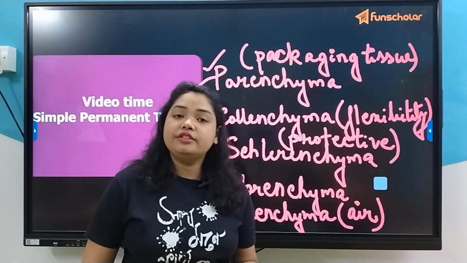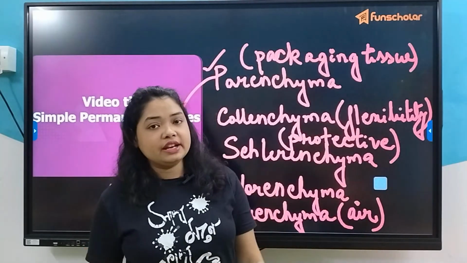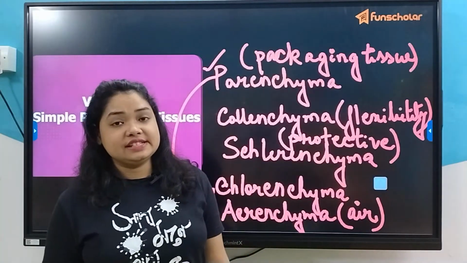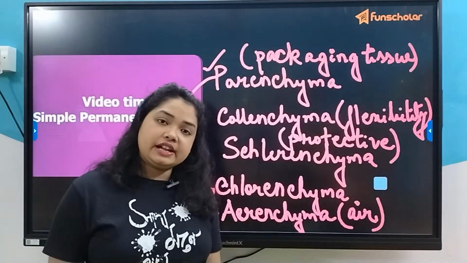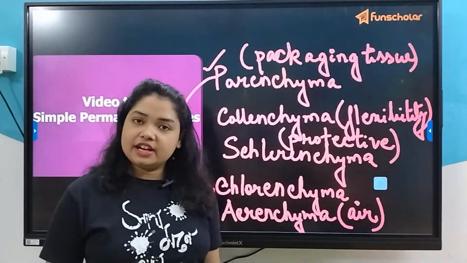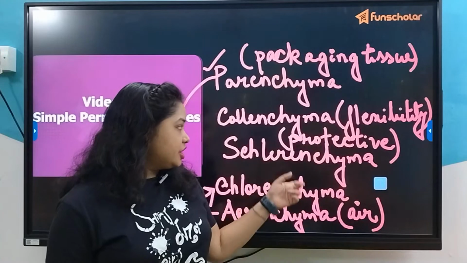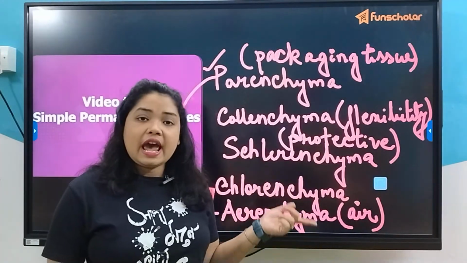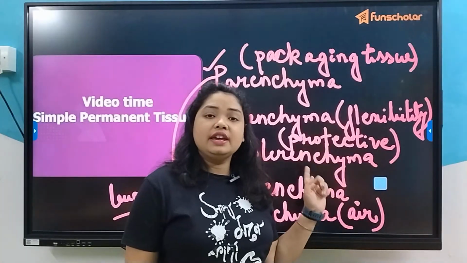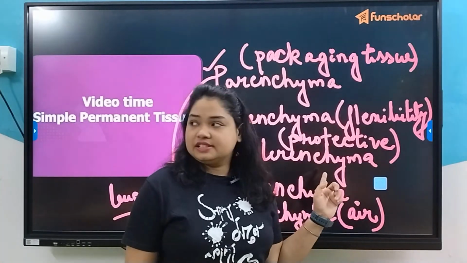Why? Because the only function is to provide mechanical support, and another advantage of dead cells is that they require less maintenance. So similar is the case for sclerenchyma. It provides protection, mechanical support, and also requires less maintenance. That is why it is made up of dead cells.